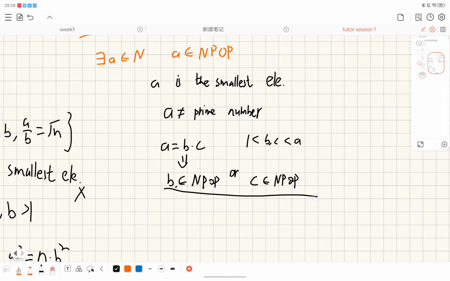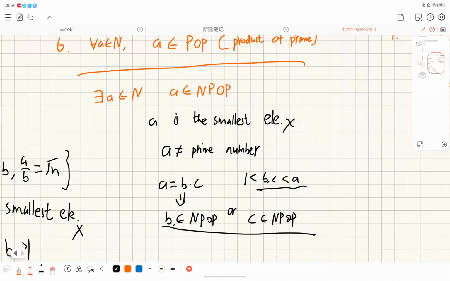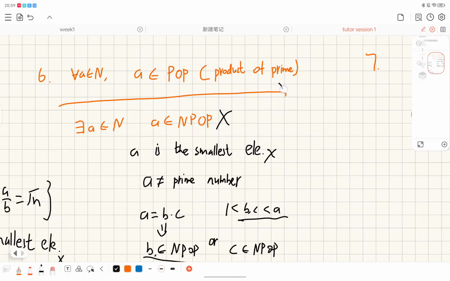If this is wrong, then we can represent b as some product of primes and c as some product of primes, and hence we can convert a into a product of primes, and hence a is no longer inside NPOP. So at least one of b and c should be inside NPOP. However, both b and c are smaller than a. See this? So no matter which one is in NPOP, a cannot be the smallest element. So this one is wrong, and so this one is wrong, and we prove this.